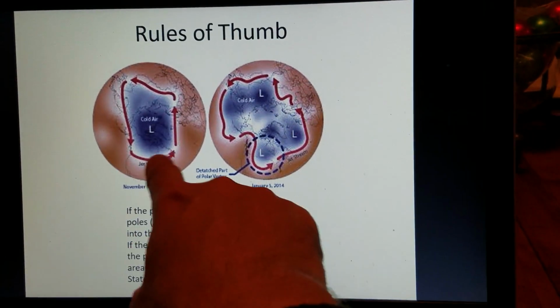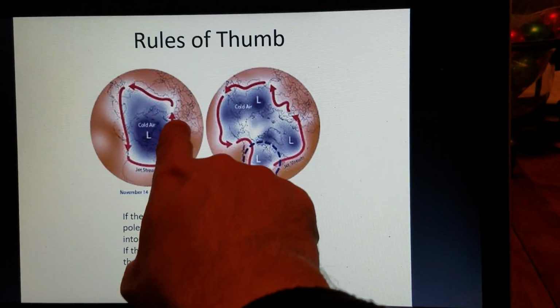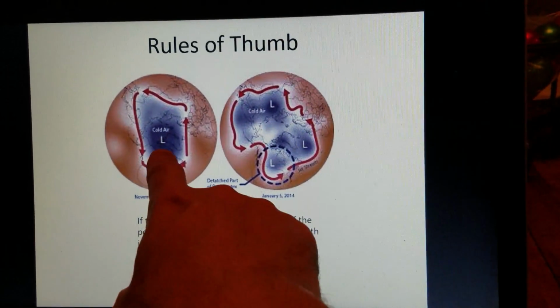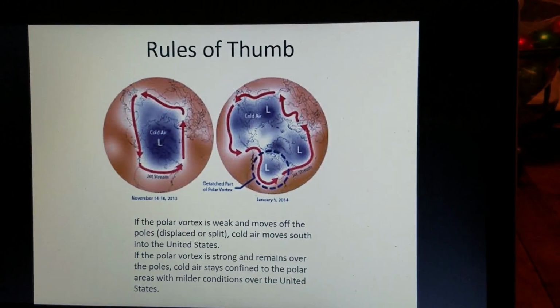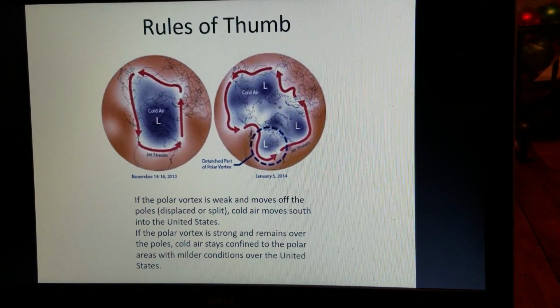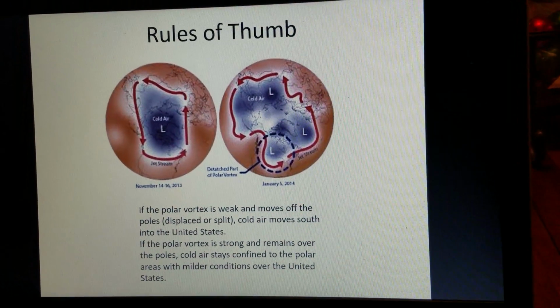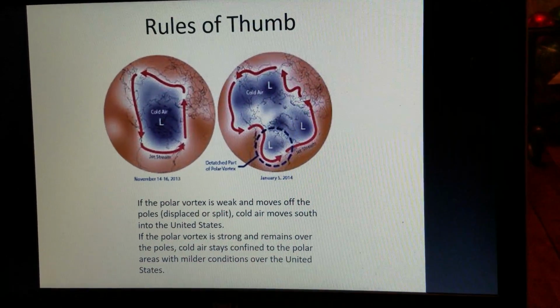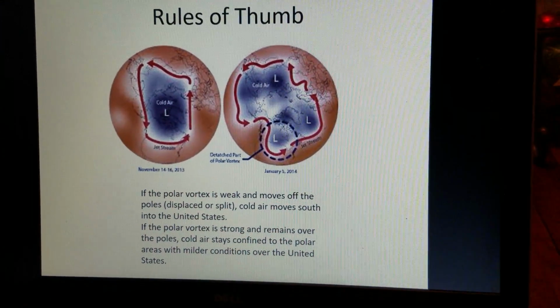Okay, this is a normal configuration of the polar vortex that happened last winter. If the polar vortex is stronger, it contains the coldest air in this type of shape, generally centered over the polar regions, the Arctic areas, and keeps it up there bottled up. So the main things to realize is the strength of the polar vortex is important, the positioning of the polar vortex is important.